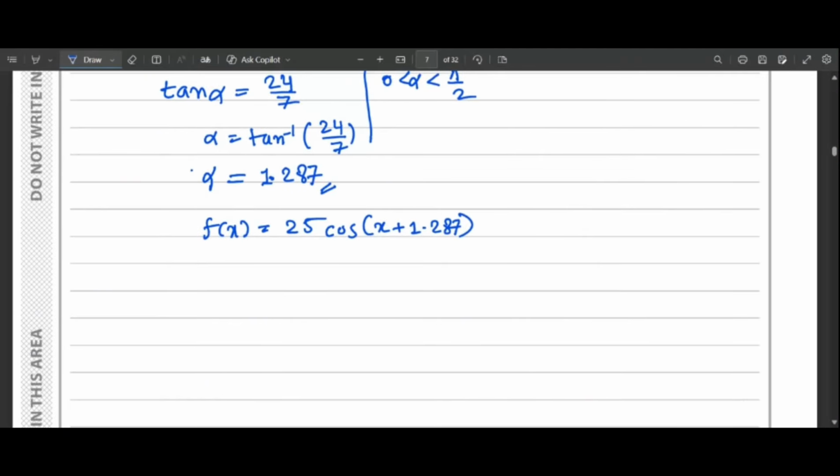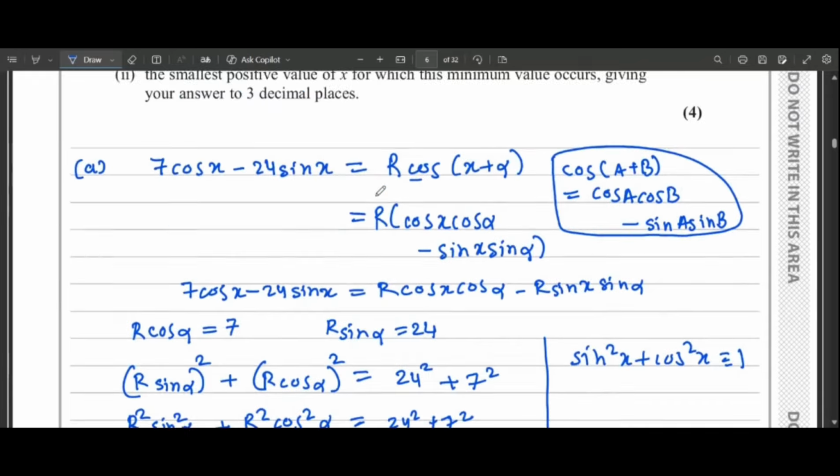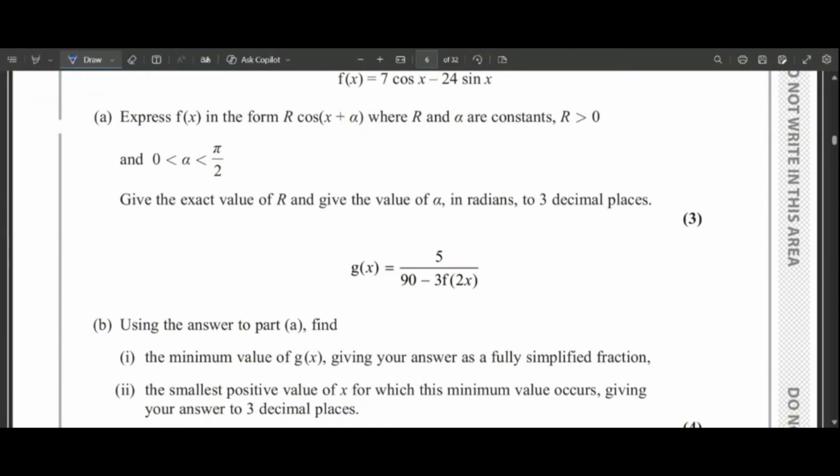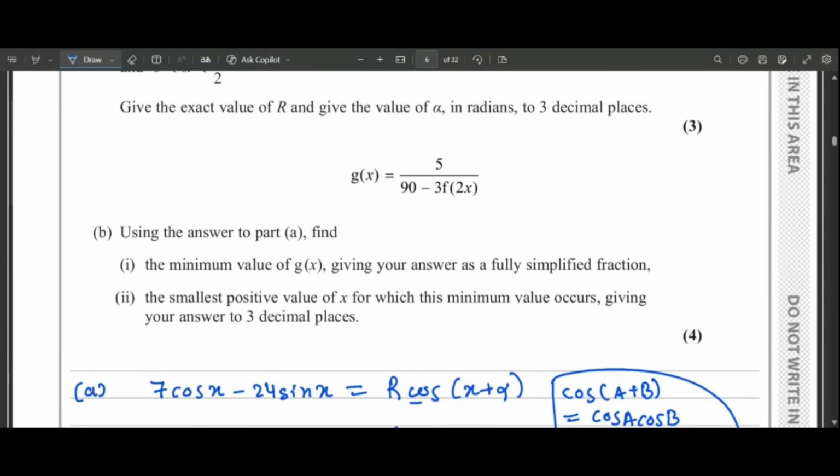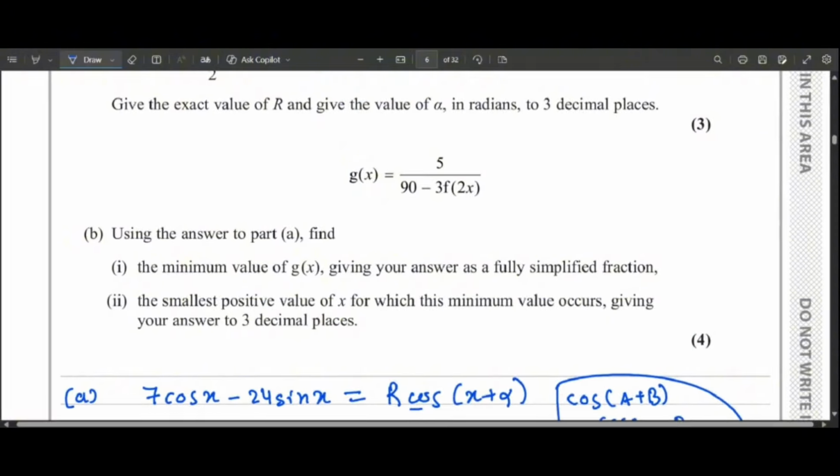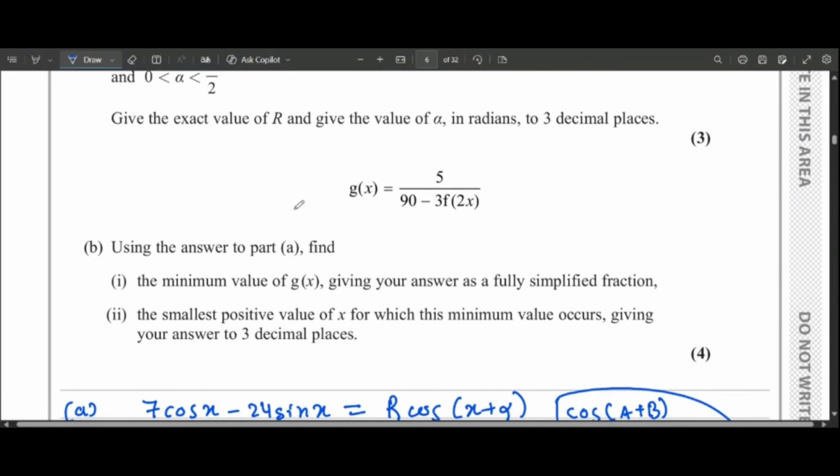Now for part B, we can see that we have a function g(x) given, and g(x) is equal to 5 divided by 90 minus 3 f(2x).